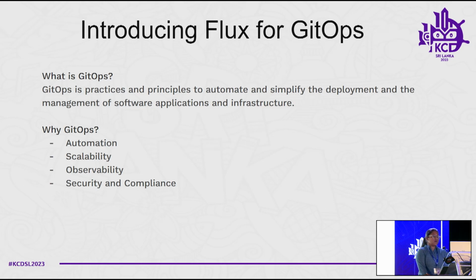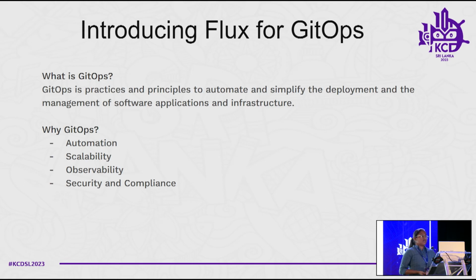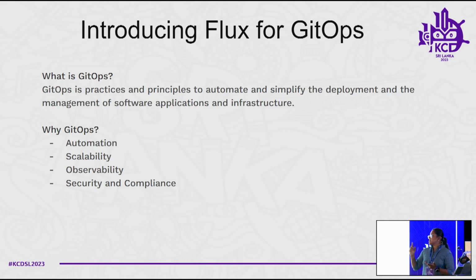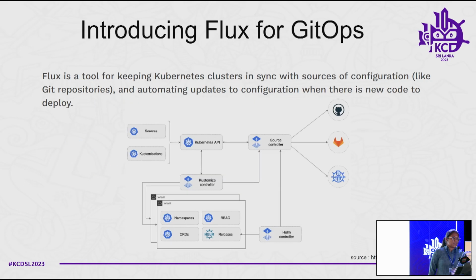So why GitOps? As I described, with that we can do the automation, and these GitOps tools can integrate with monitoring tools. With that, we can observe the system and identify the issues, and then we can make our system more scalable and more secure with GitOps tools.